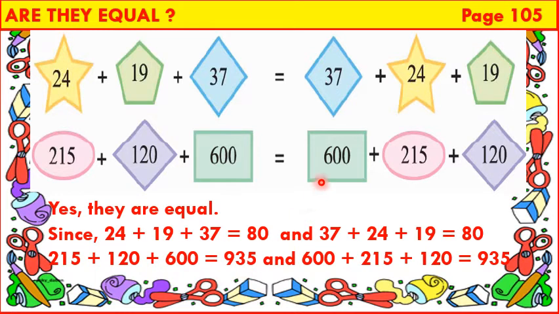Even when these three numbers are rearranged in any order, say 600 plus 215 plus 120, or 120 plus 600 plus 215, or 120 plus 215 plus 600, the answer will be 935 only. Finally, even though the order of the numbers is changed, the sum remains the same.